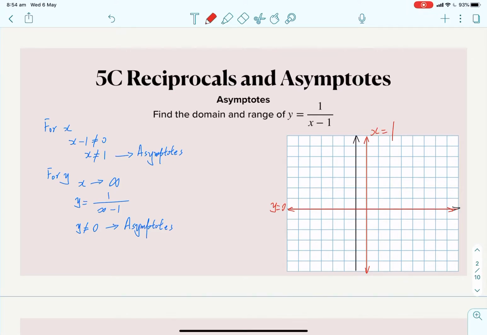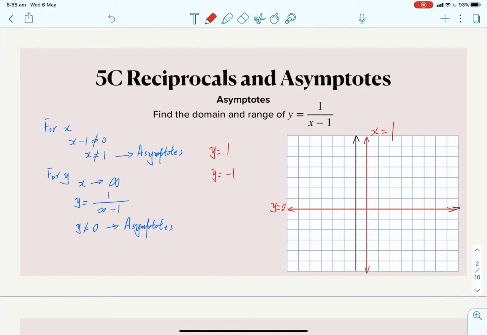Oh wait, sorry, that's the x-axis. Now we have those two. To draw the diagram, we do another thing: we find where y equals 1 and y equals negative 1. The reason is that is where it changes course. I'll show you in a minute.